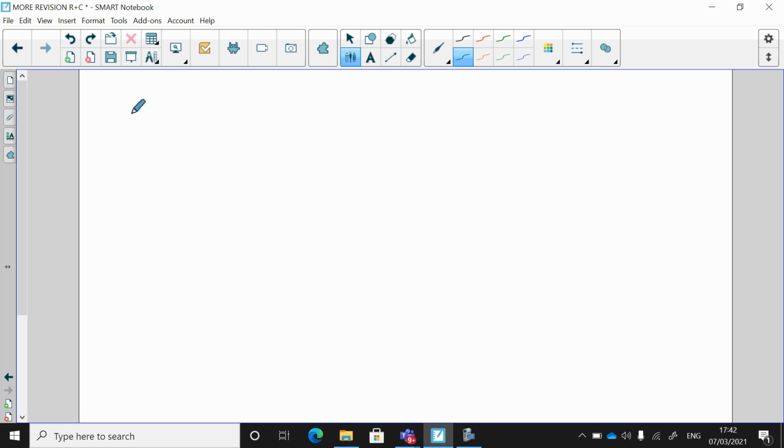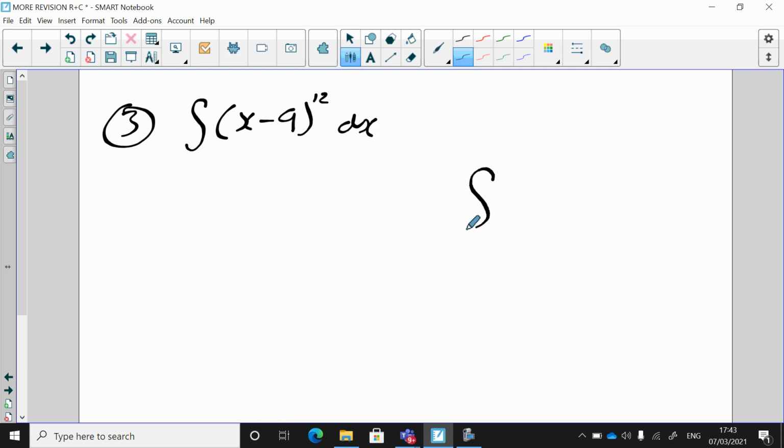Number 3. It looks like it's just going to be another basic format here. So I've got x to the negative 9, and I've got a power of 12 here, with respect to x. So look at your formula sheet.